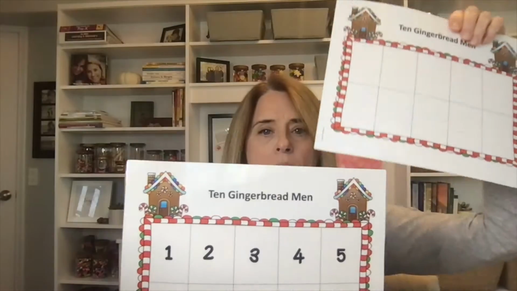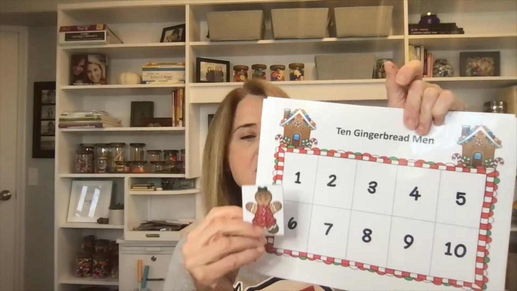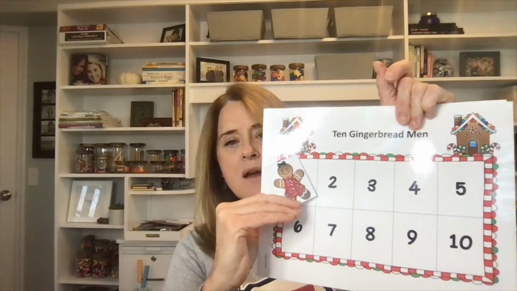I've got a blank one and I've got ones with numbers. So I can read another 10 little gingerbread man book if I want to, and start with all of the gingerbread men. They fit perfectly onto these little rectangles.